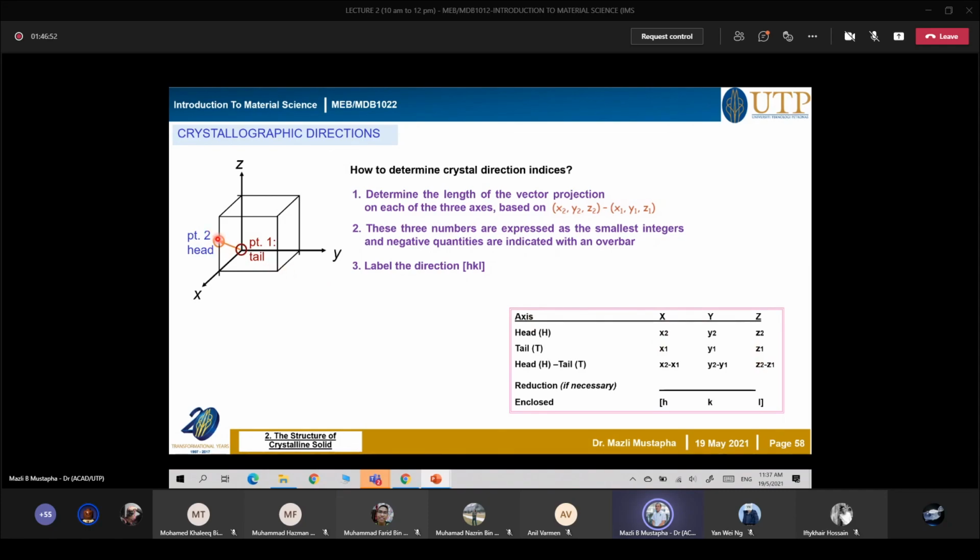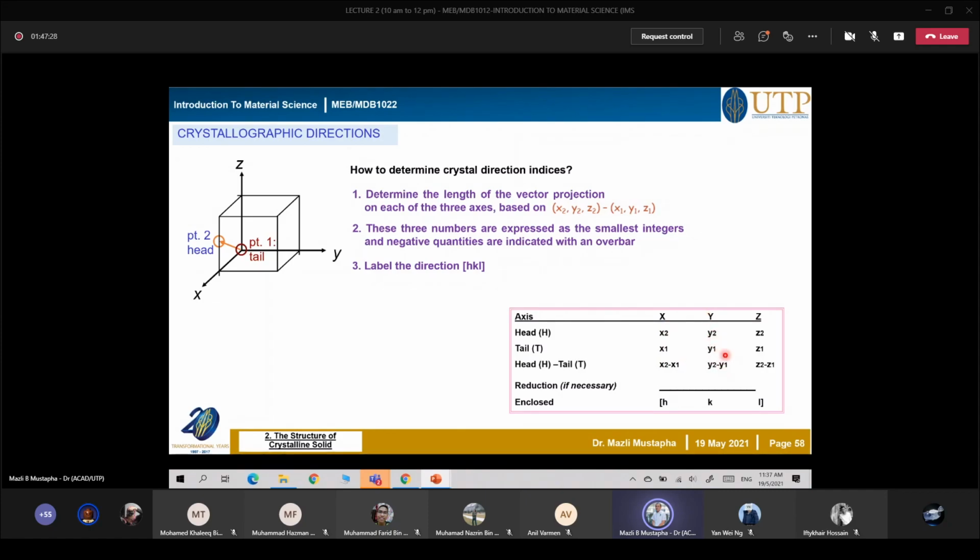This is the coordinate of the head, and this we call the tail. The tail we call x1, y1, and z1. Because it starts from the origin, it is 000. No problem. So in order for us to find the crystal direction, we have to take head minus tail.